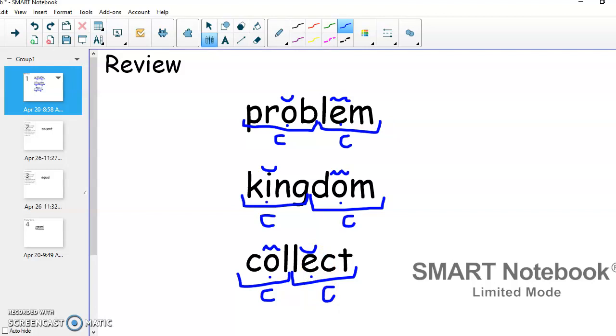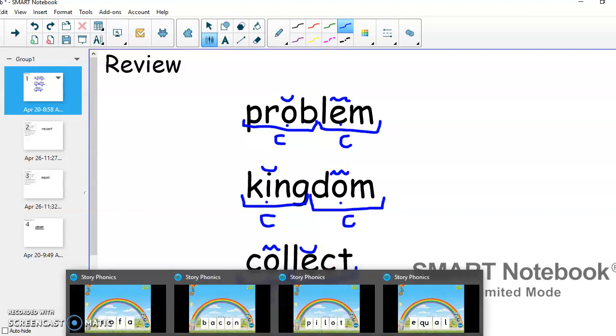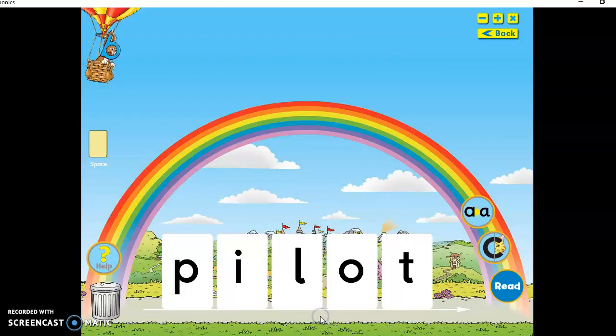Alright, so we've reviewed just a little bit what open and closed syllables are. So let's start with this word. Alright, so what are my vowels in this word? I and O. How many consonants are between the vowels? This time we only have one consonant.